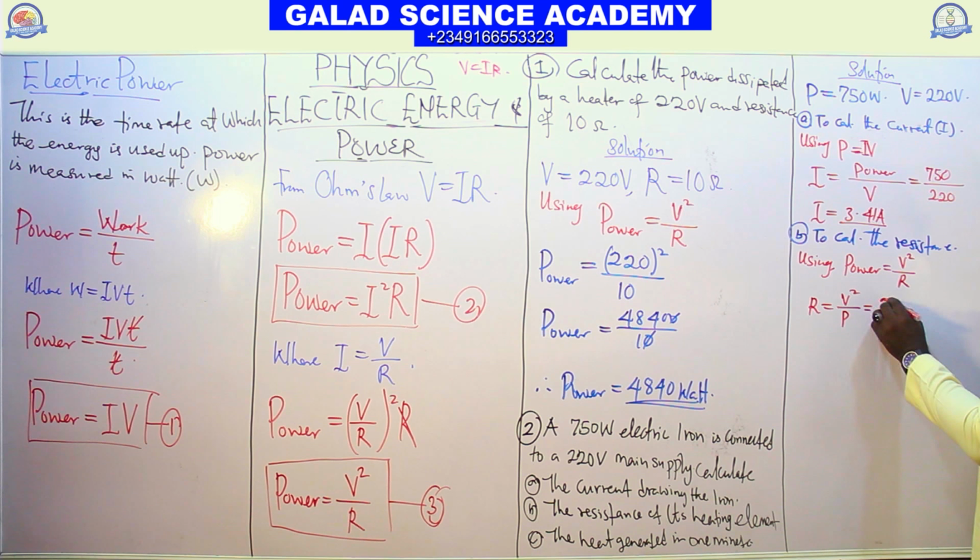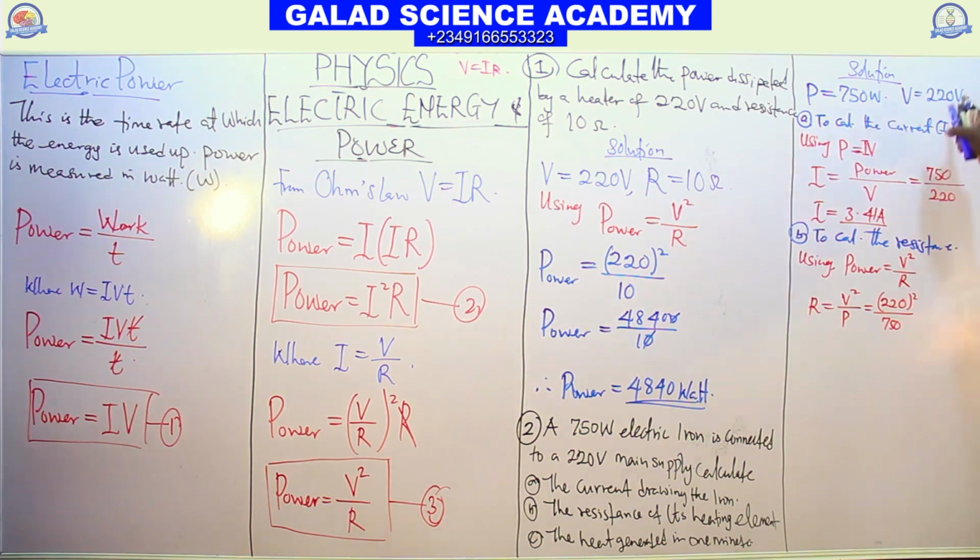What is V square? 220 squared divided by 750.